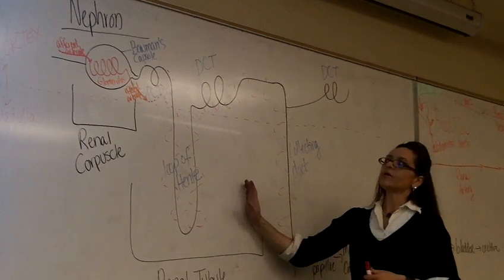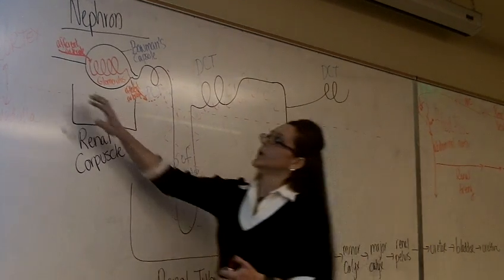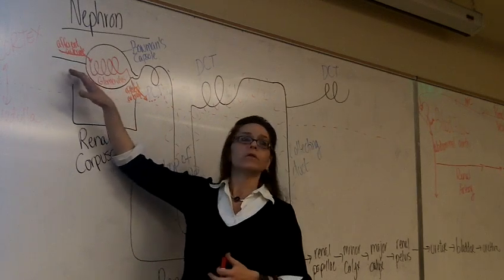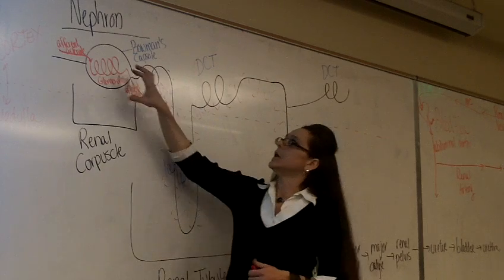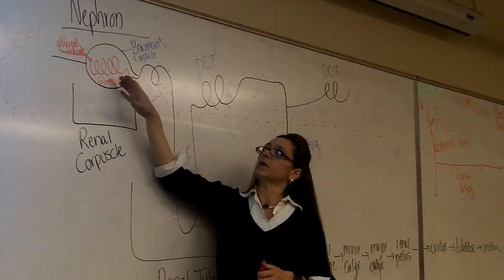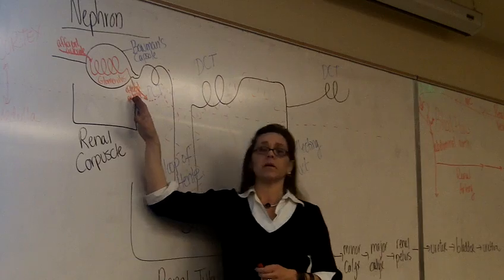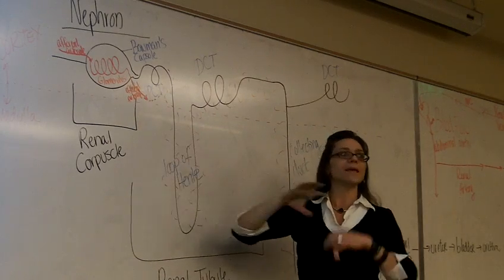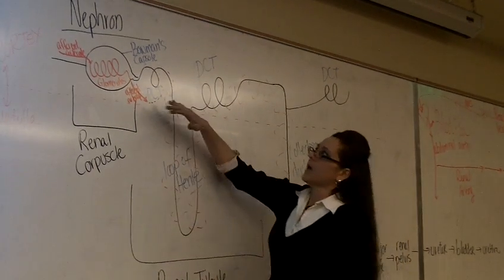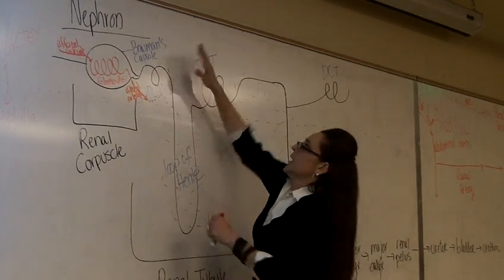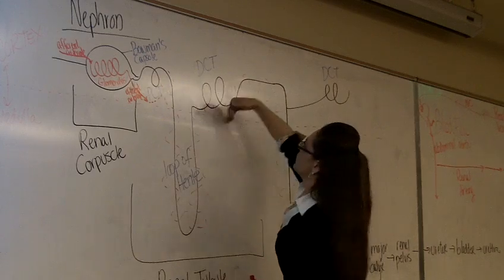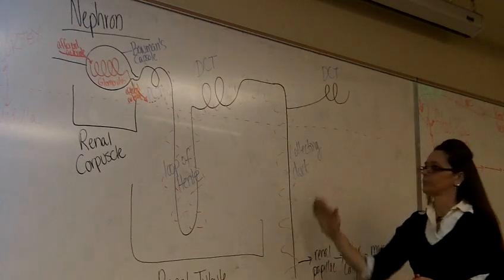So at every single nephron, we're going to have an afferent arteriole bringing blood into the glomerulus, an efferent arteriole taking blood away from the glomerulus and into the next capillary bed. And that capillary bed, instead of being at just one little spot, just so happens that those capillaries are wrapped all around this tubule.